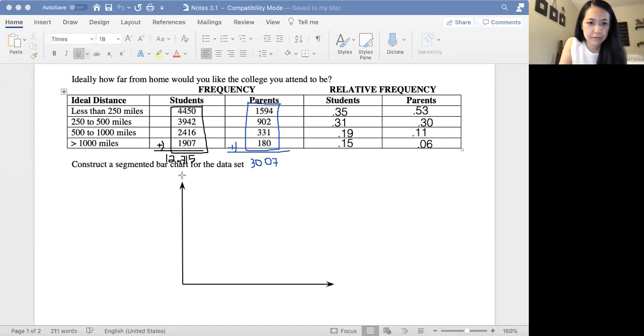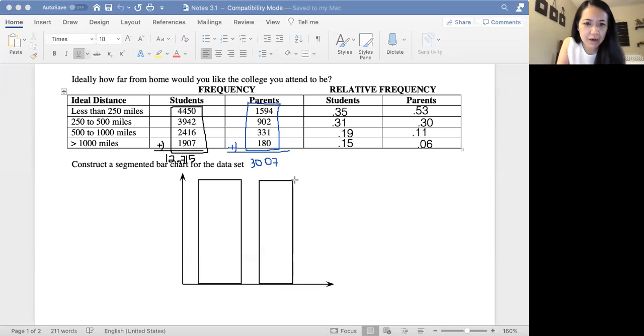And then we're going to make 2 bars, one for students and one for parents. So go ahead and draw a bar for students and a bar with the same height for parents.